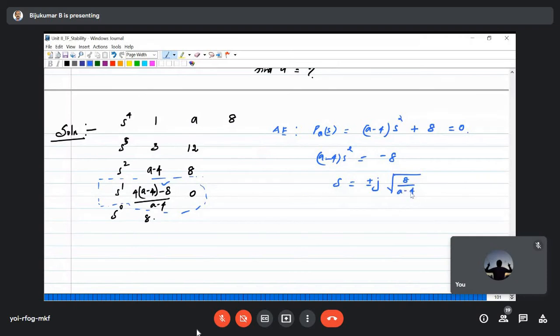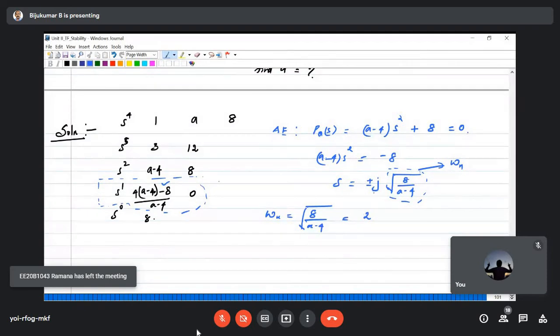And we know the system oscillates at omega n, right? So this is the omega n. Given omega n is equal to 2 radians per second, so we can write square root of 8 divided by A minus 4 is equal to 2.